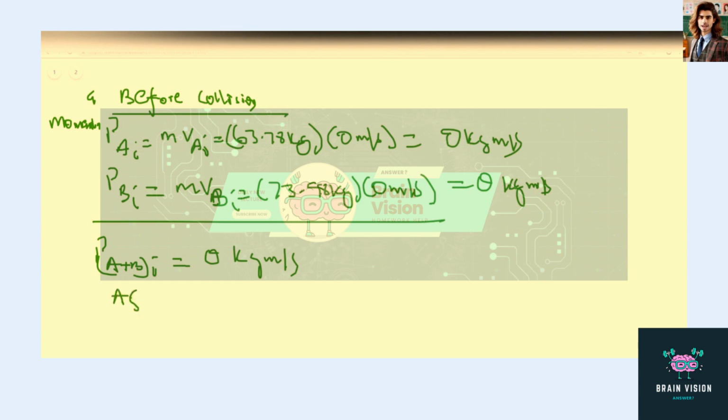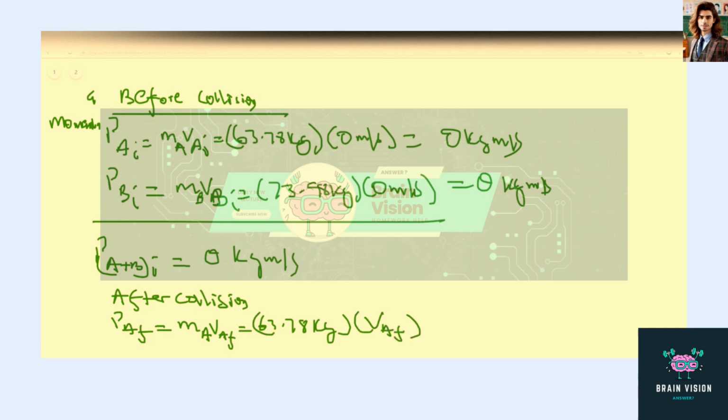So after collision, the final momentum of A happens to be the mass of A, I forgot this subscript, this is A and this is B, the mass of A times the final velocity of A. That's going to give us 63.78 kilograms times, we don't know what the final velocity of A is, so we're just going to put the variable there.